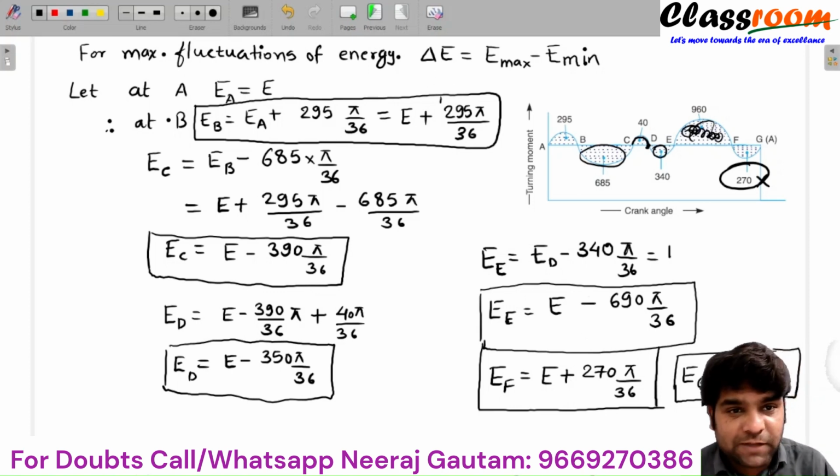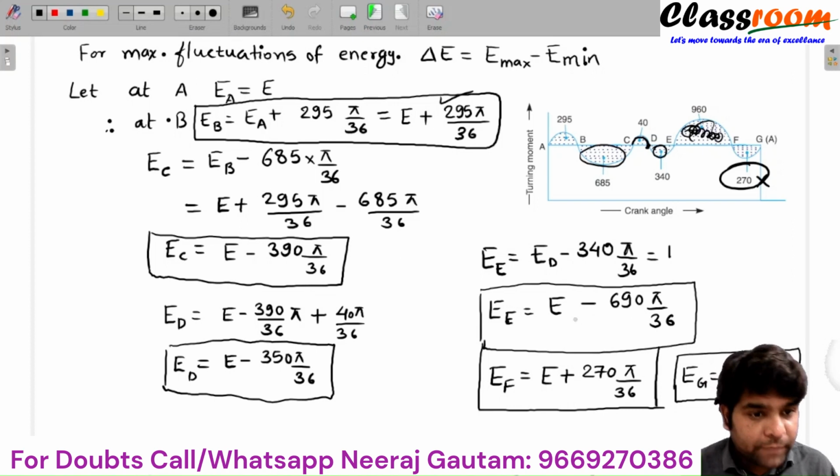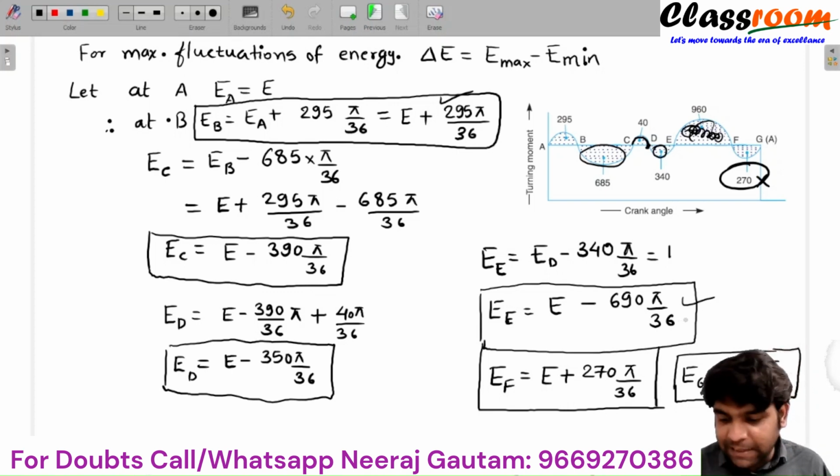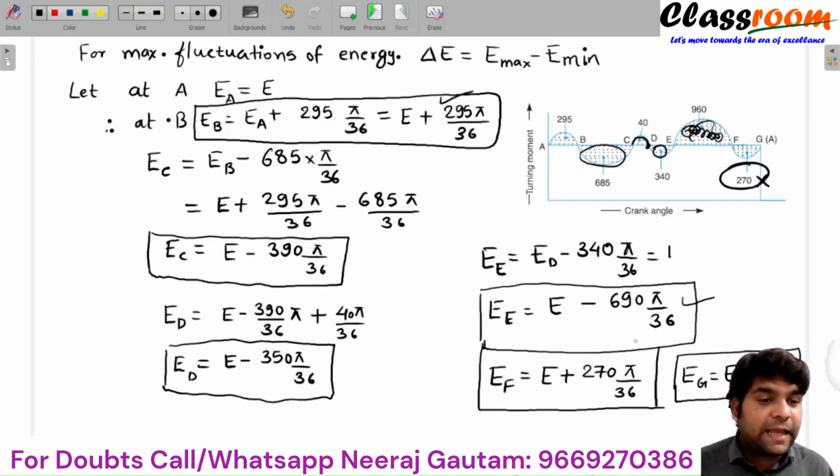So the maximum is at E, B, and the minimum energy is a subtraction from the E. Maximum subtraction from E will give you the minimum energy. So here the maximum subtraction of 690 pi by 36 gives the minimum energy. So from this comparison, the maximum of all the energies is EB and the minimum of all the energies is EE.